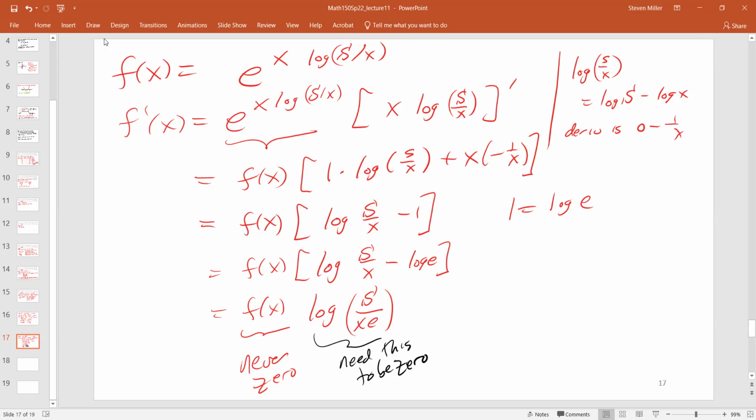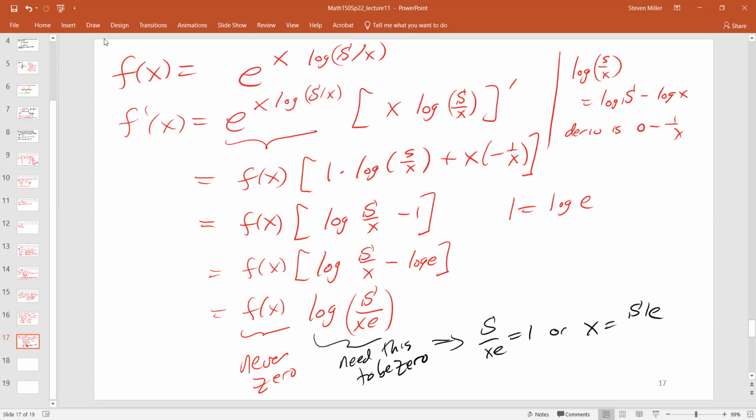What number has 0 as its logarithm? 1. So this implies that s divided by x over e equals 1, or x is equal to s over e. That's the number of pieces.